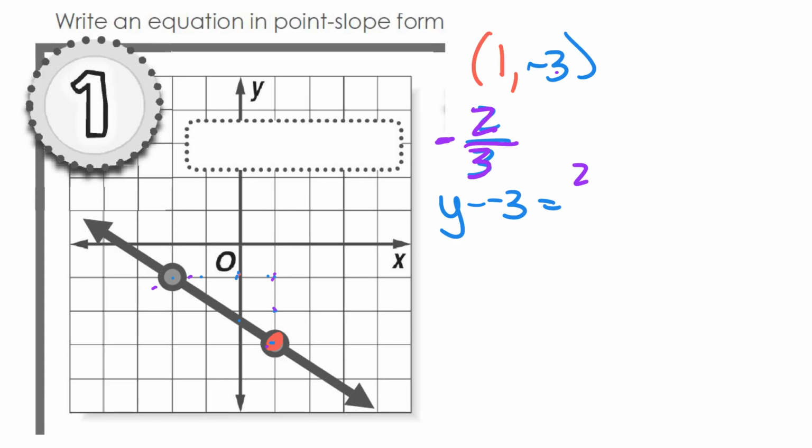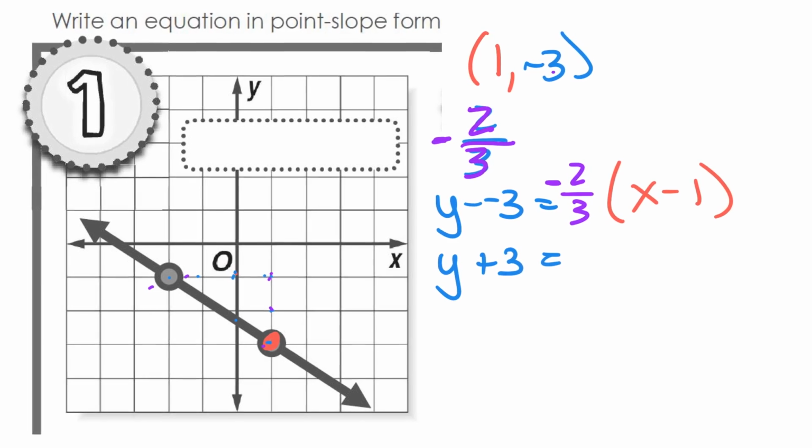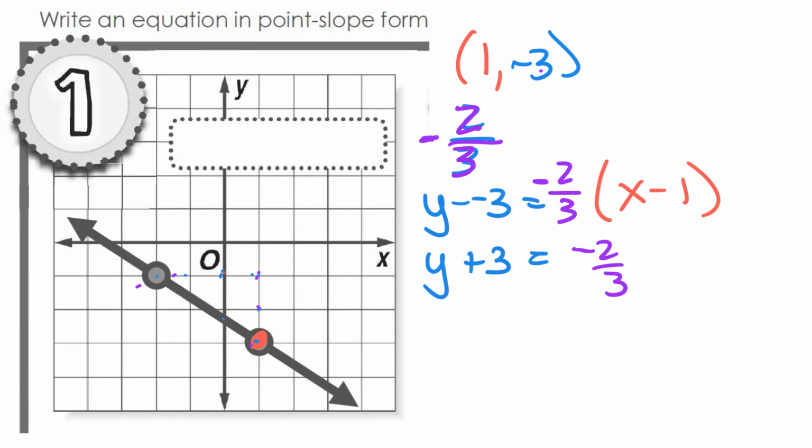So my slope is actually a negative. So -2/3 times x minus 1. So the equation of this line in point-slope form is y plus 3 is equal to -2/3 times x minus 1.